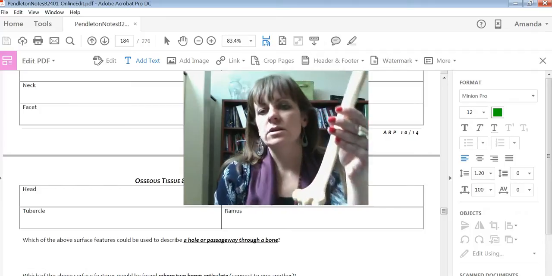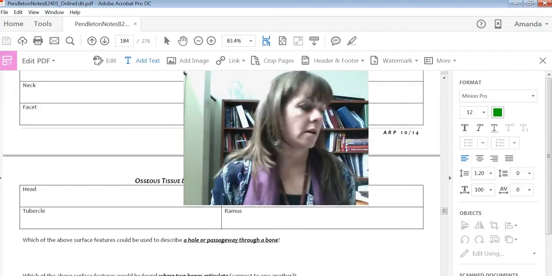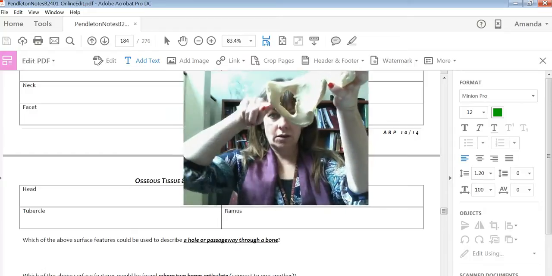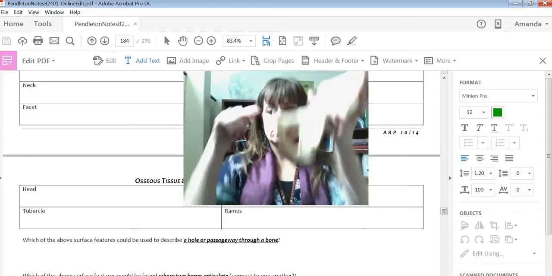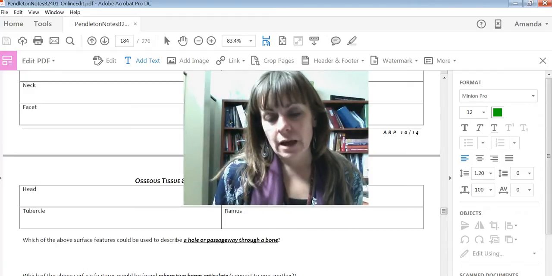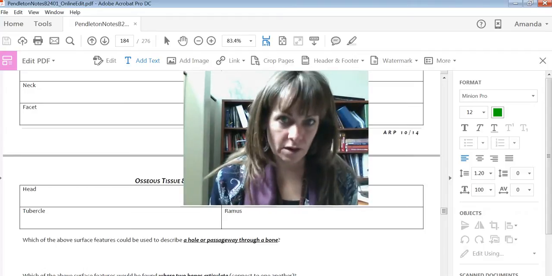Each of these bumps and grooves and dips, in some cases, we're going to have a hole, where things can actually go through the hole. Those are all surface features, and they are going to have specific words used to describe them.